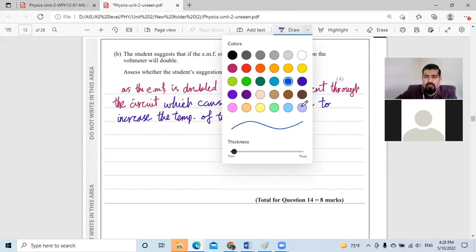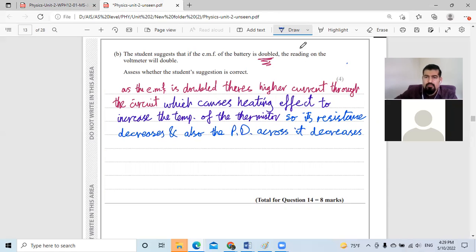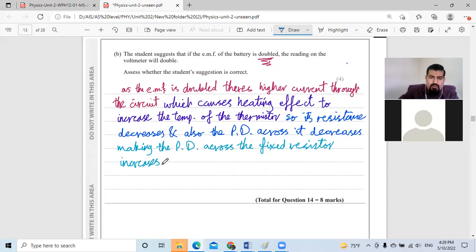So its resistance decreases, and also the potential difference across it decreases, making the potential difference across the fixed resistor increase more than the double.